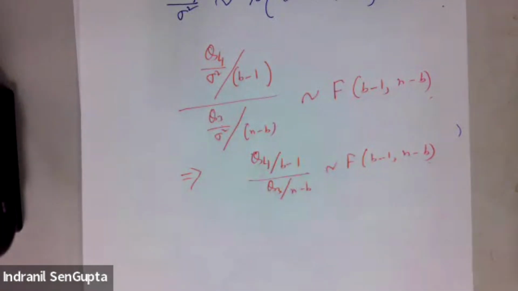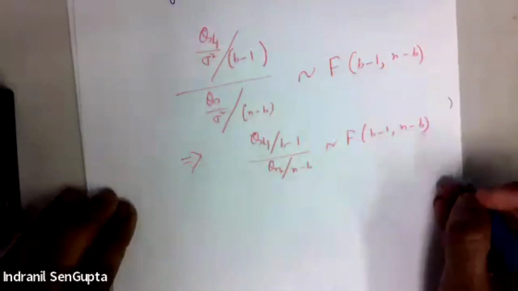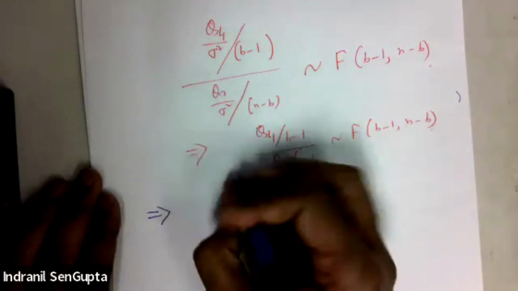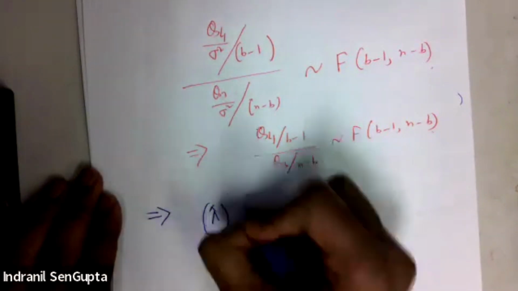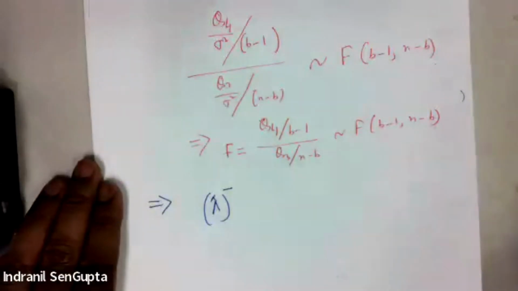Now going back to this quantity, I can even write this as F. So F equals this one.